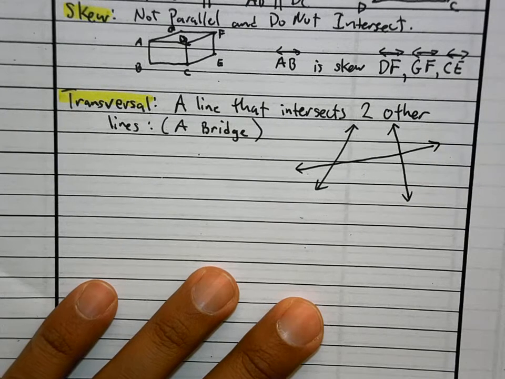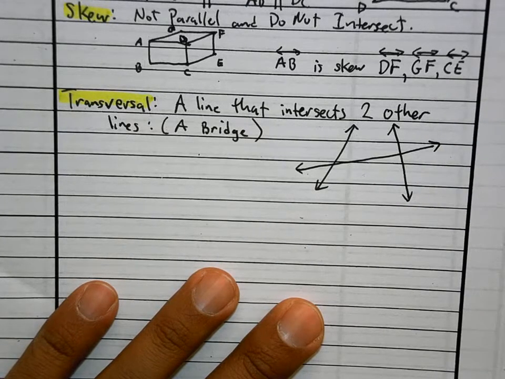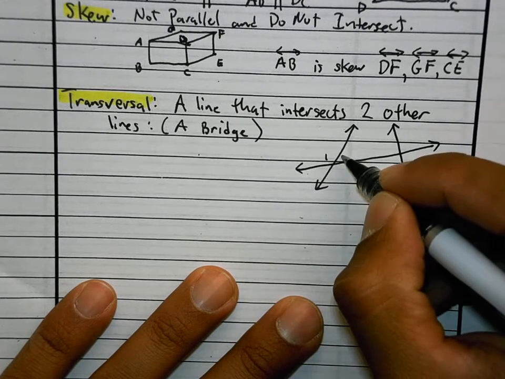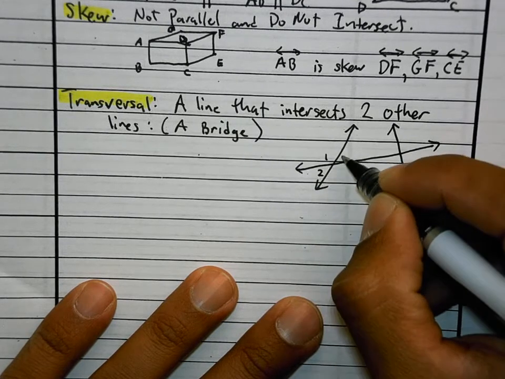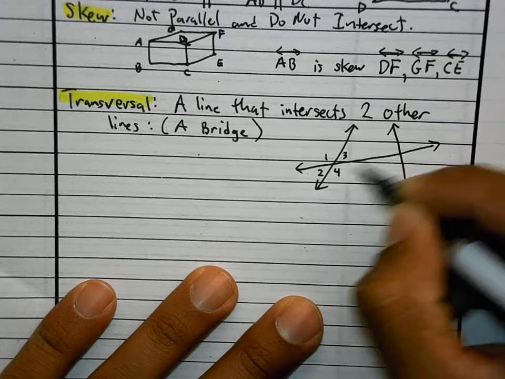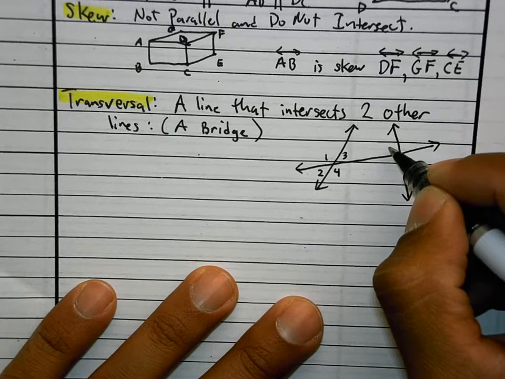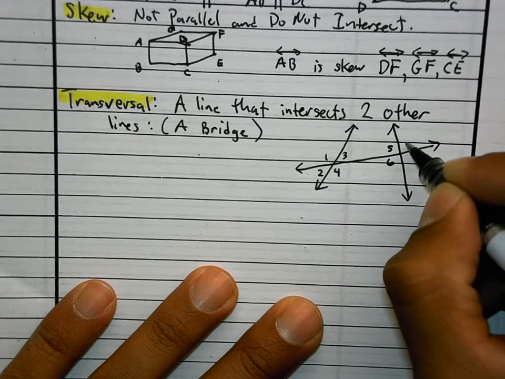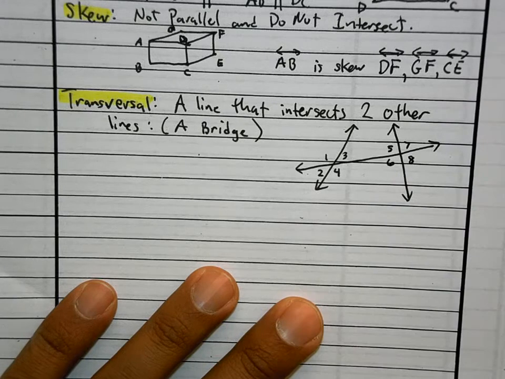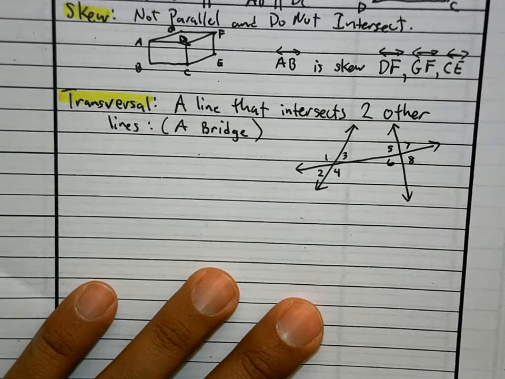Here's another line. And I'm going to number these things: 1, 2, 3, 4, 5, 6, 7, 8. Those are the angles that I've labeled. I'm going to label the lines now.